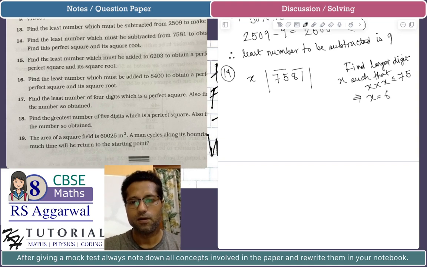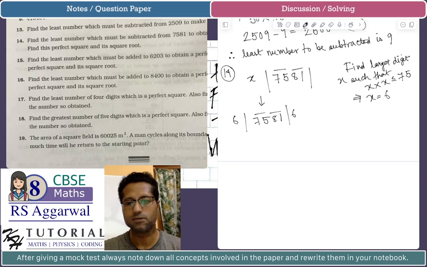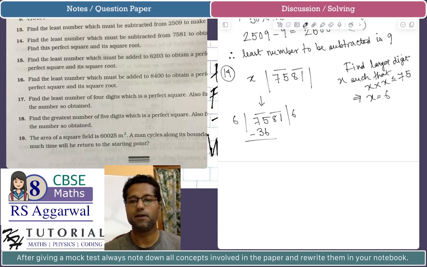So we have the divisor 6, and the quotient will also be 6. 6 multiplied by 6 is 36. When we subtract 36 from the leftmost period, we get 39, and we bring down the next period, that is 81.